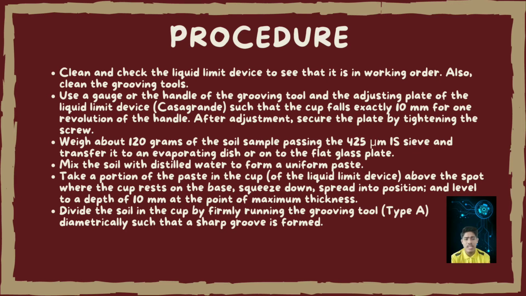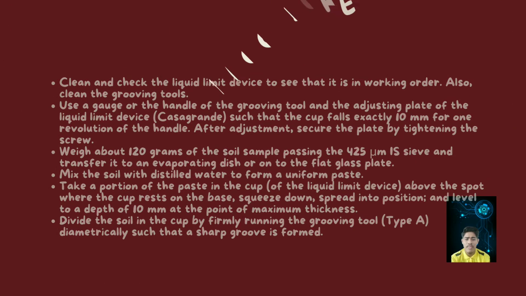Next is take a portion of the paste in the cup above the spot where the cup rests on the base. Squeeze down, spread into position and level to a depth of 10 mm at the point of maximum thickness. Next is divide the soil in the cup by firmly running the grooving tool diametrically, such that a sharp groove is formed.